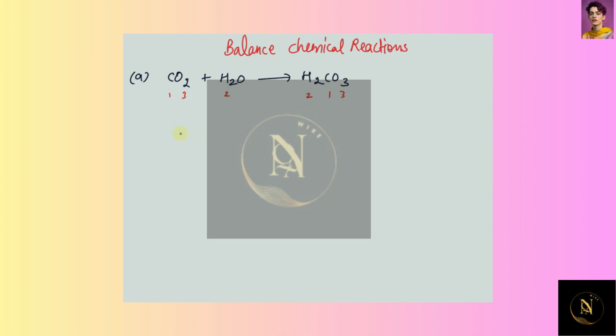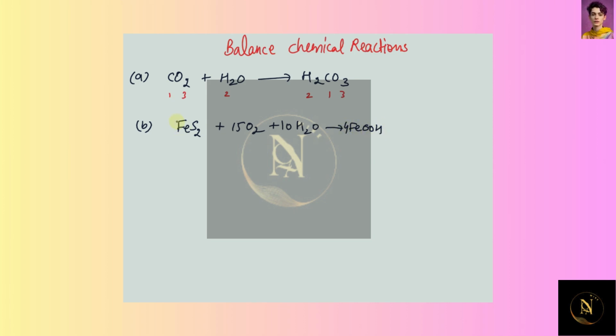Now let's look at the second chemical reaction. In this reaction we can see that limonite, that is FeH2, is reacting with 15 moles of O2 and 10 moles of H2O, and it is giving us FeOOH, 4 moles.